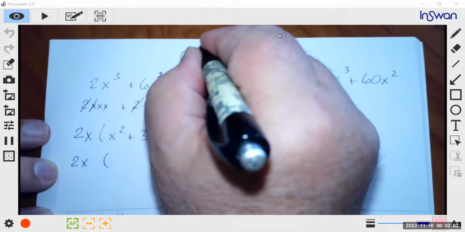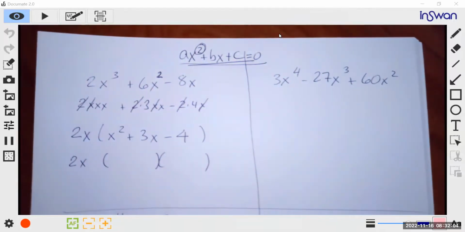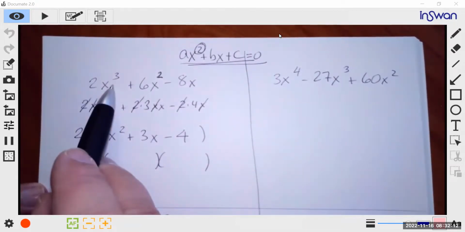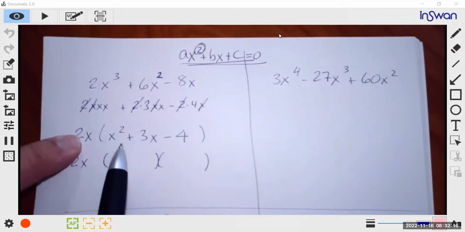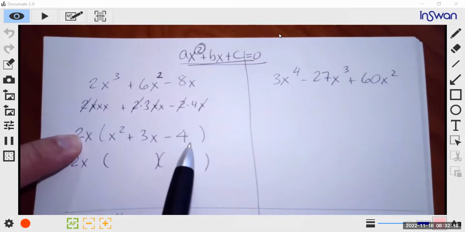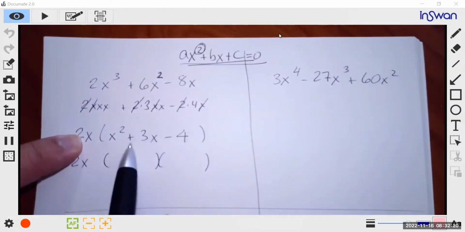Quadratics cannot have an exponent bigger than 2. So is this a quadratic? No. So once we factor out something in common, is this a quadratic? Yes, because it's a square here. Once we get to this point, then we can break it down.